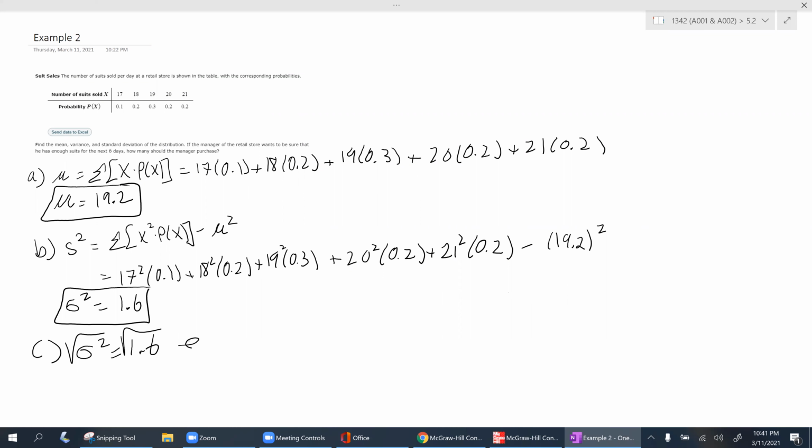Then we get 1.265, or in other words, my standard deviation is just 1.3.